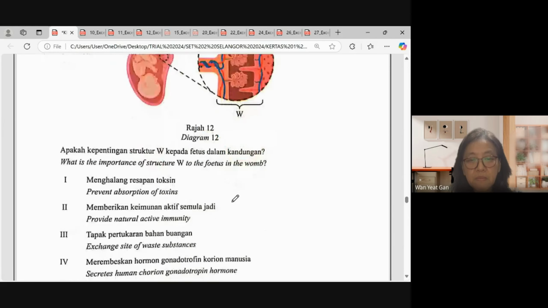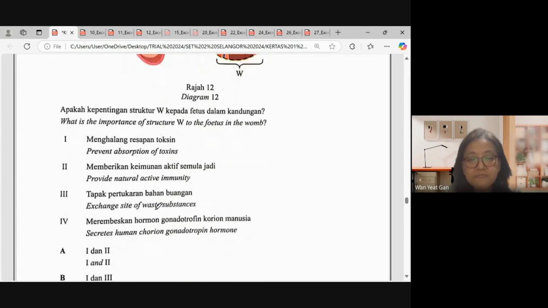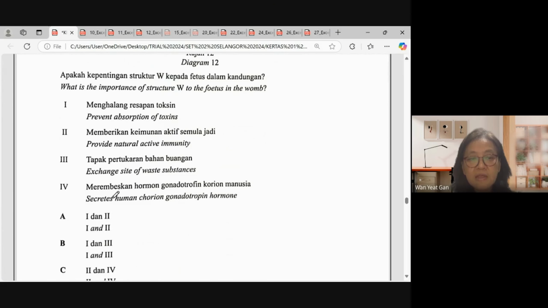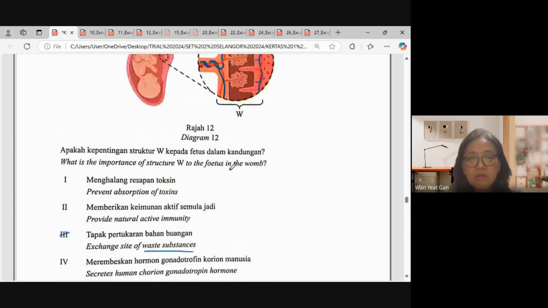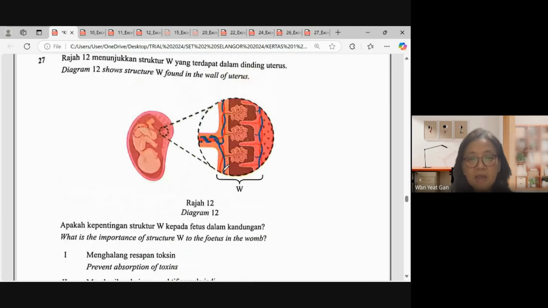Now, the structure W is the placenta. The placenta is a site of exchange of waste substances, where the waste from the fetus is transported from the fetus to the mother's blood circulatory system.